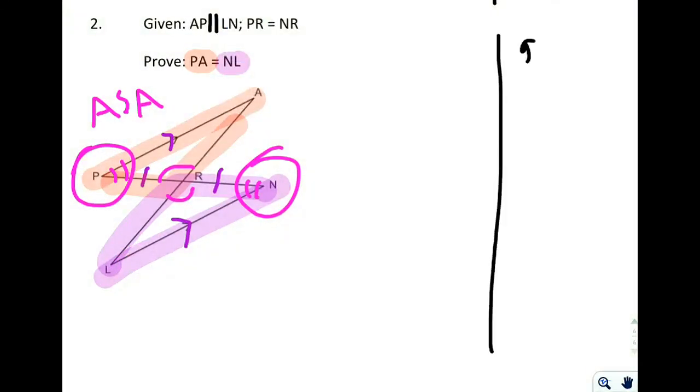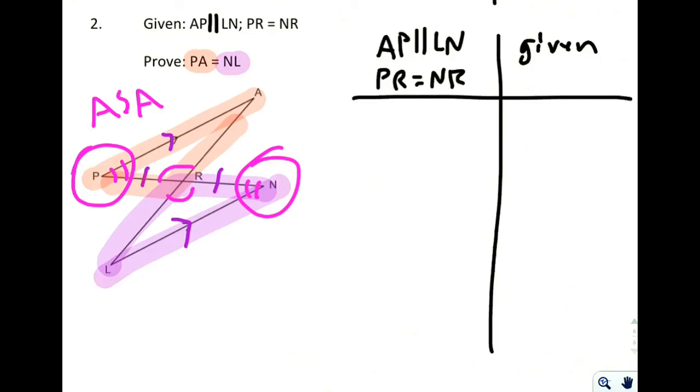Start out with our given, and we write exactly what we're given, and we write everything that we're given. So AP is parallel to LN. We also say that PR is equal to NR. Next thing that we did is we jumped to our vertical angle.